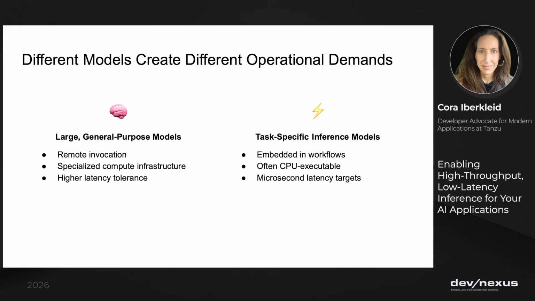And we have a very high tolerance for the latency for an LLM, right? We expect it to take seconds, minutes, whatever it takes to reason about what we're requesting. They're not fast operations. Whereas on the other end, with inference models, these are often embedded right into the workflow. You can run them on regular CPUs, the model itself. They tend to be much lighter weight. And we expect not just millisecond, but often microsecond latency.